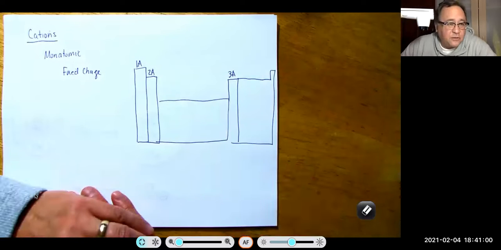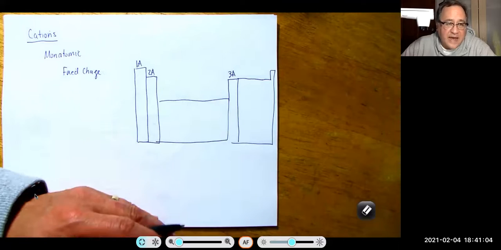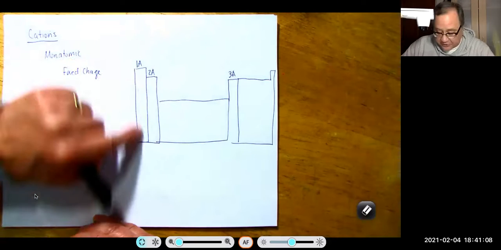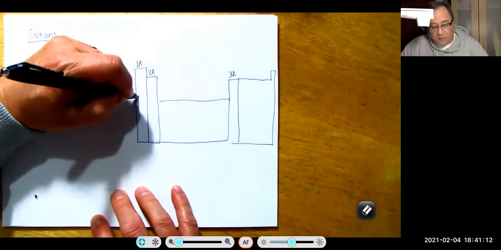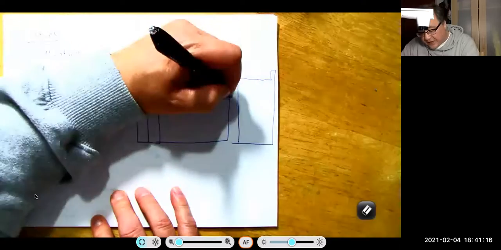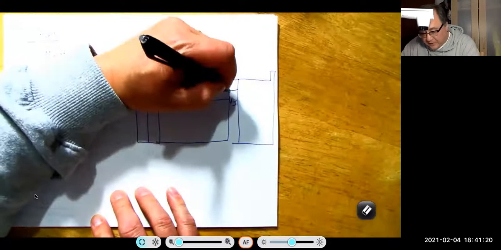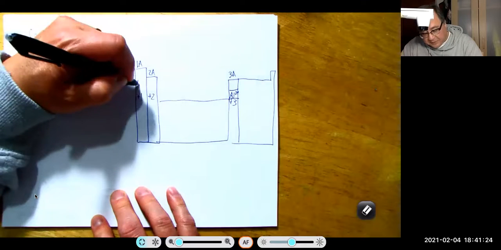Okay, now I want you to recall that we said that metals form the cations. So we're really talking about metals in 1A, metals in 2A, and metals in 3A. These guys all form a +1 charge. These guys form a +2 charge. These guys form a +3 charge. So for instance, aluminum is +3. Lithium is +1.